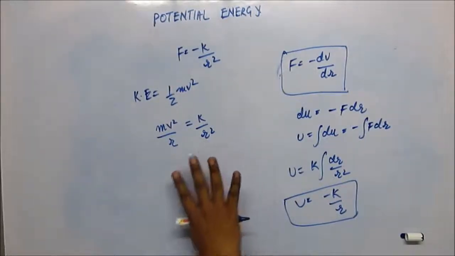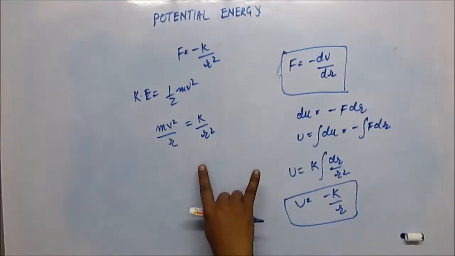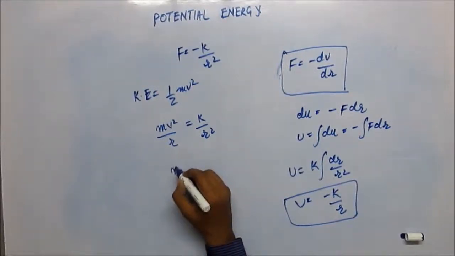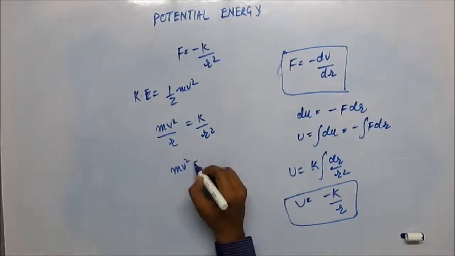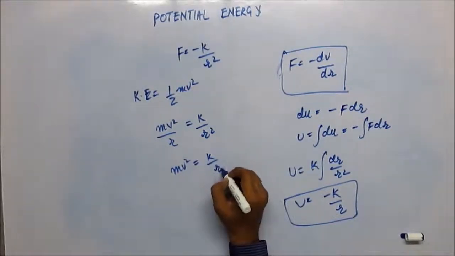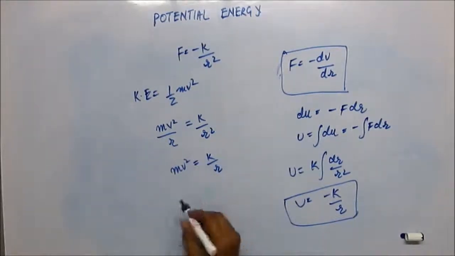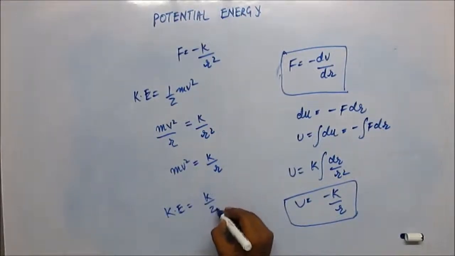But for now, let's equate mv squared upon r with just K upon R squared. This gives us mv squared is equal to K upon r. Kinetic energy is half mv squared, so kinetic energy will come out as K upon 2r.